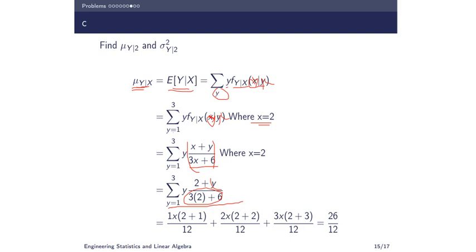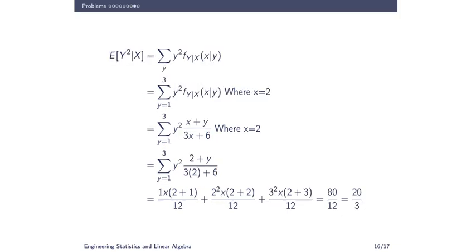Now how to calculate the variance? For finding the variance, we need the expectation of y square minus the expectation of y, whole square, right? So the expectation of y square given x can be calculated as, again there is a mistake, I think I copied this one wrongly, this should be y given x, where x is equal to 2.